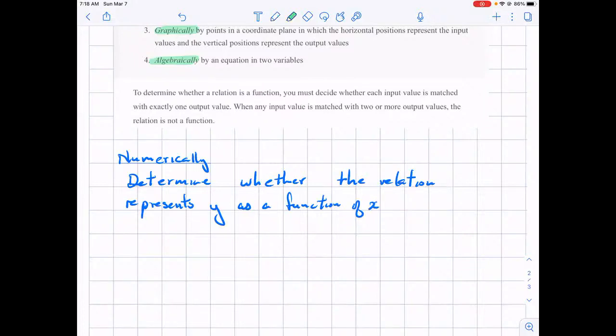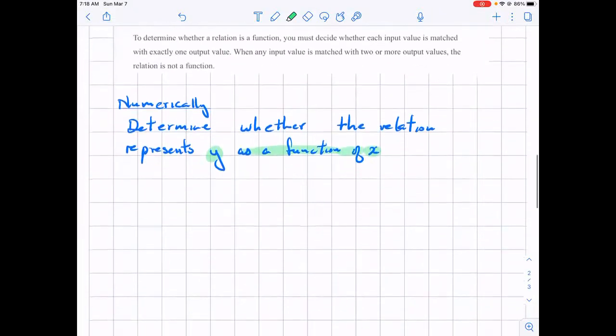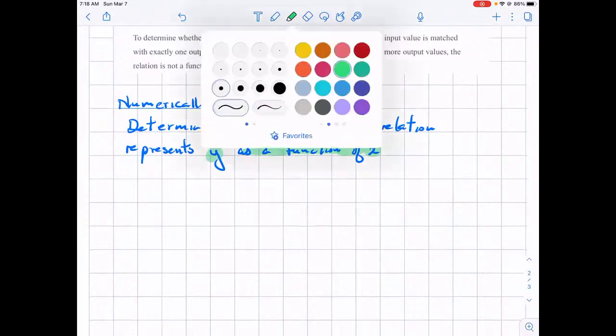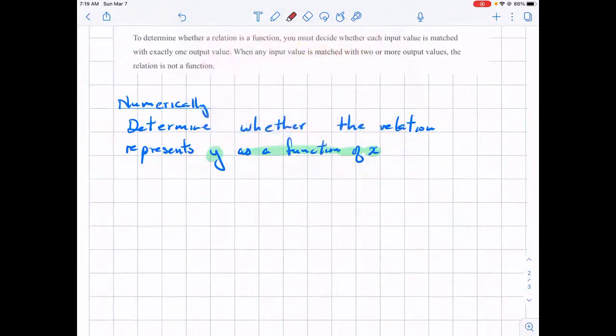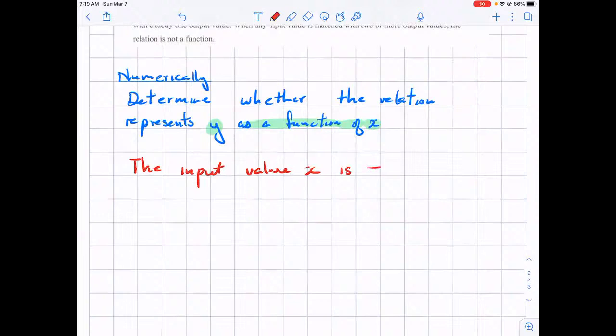Now be very careful, we're looking at y as a function of x, okay? So what does that mean? It means that the input value x is the number of representatives.